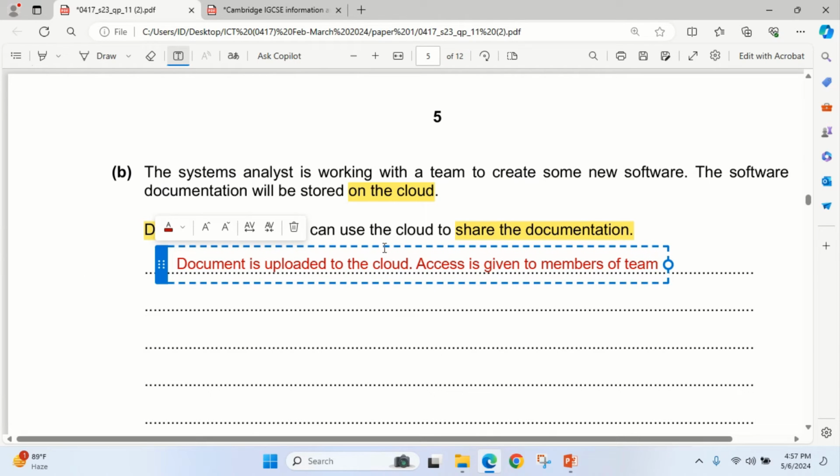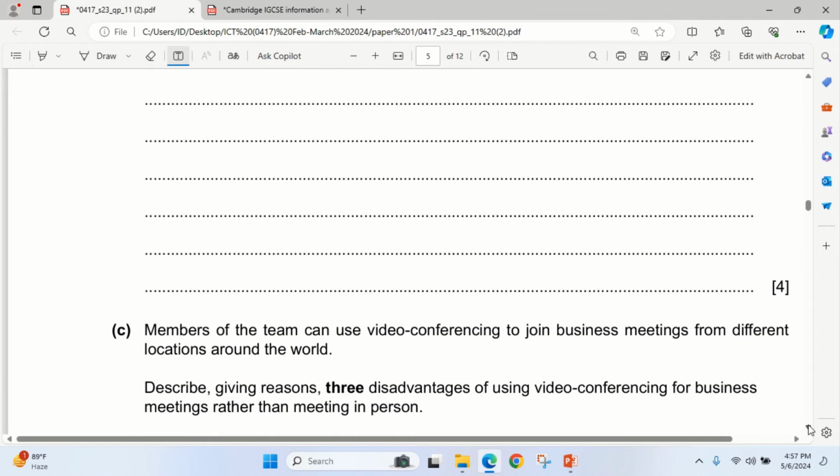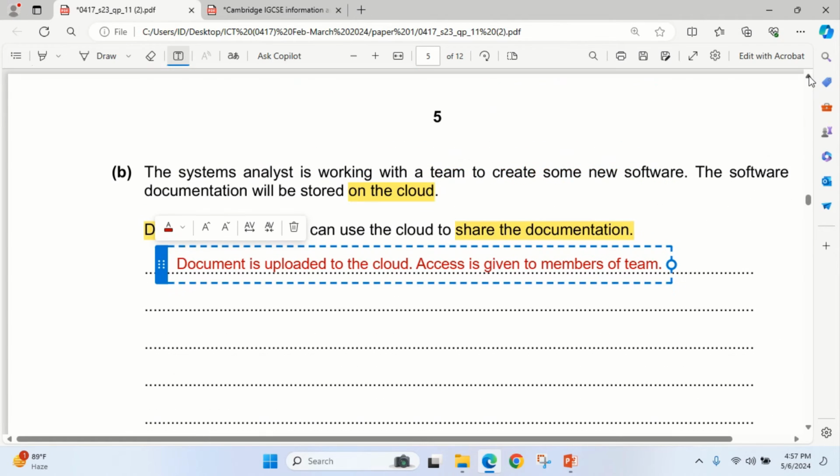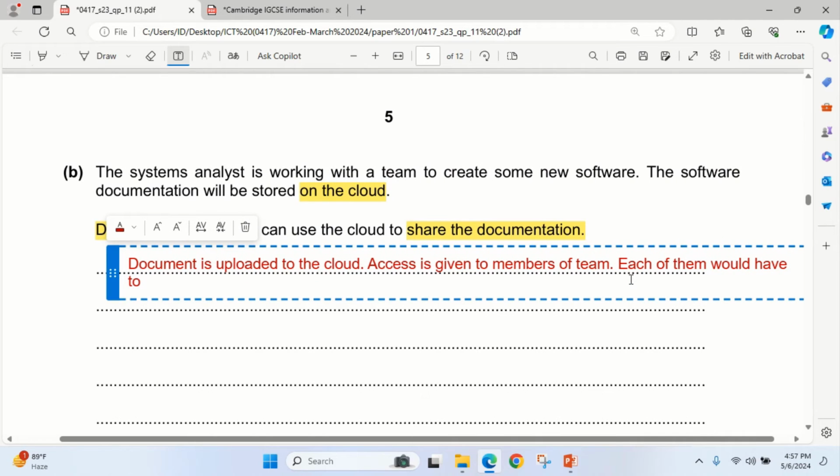Now this is like 2 points already, and the question is a 4-mark question. So with this you have gotten 2 marks already, and then each of the members, even though they have been given access, each of them would have to log in with their own details.